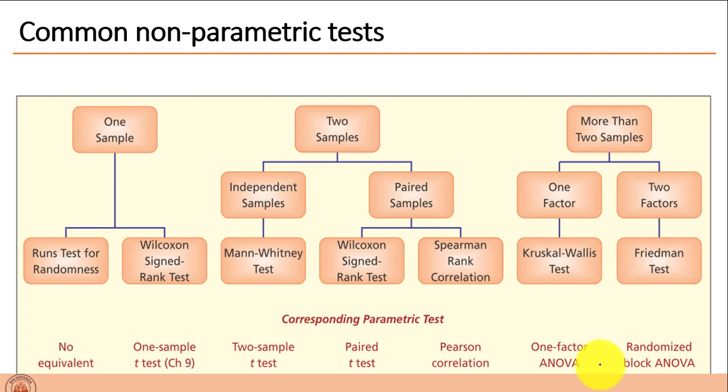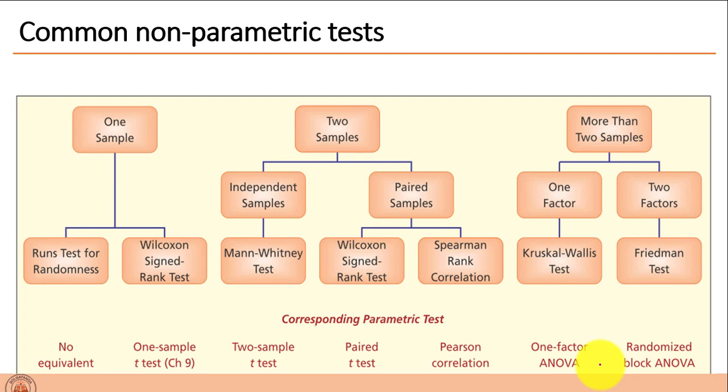If we have the one sample case, then the tests that you can perform with one sample data are the runs test for randomness and the Wilcoxon signed rank test. The counterpart of the Wilcoxon signed rank test is the one sample t-test, as we saw in the t-test analysis.